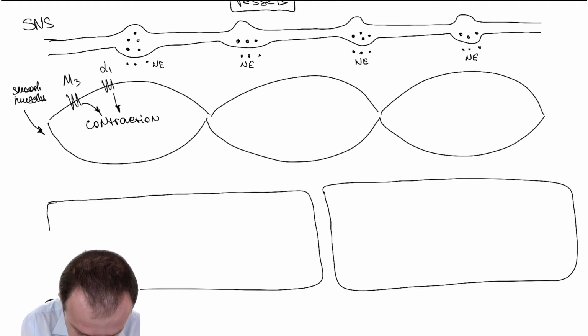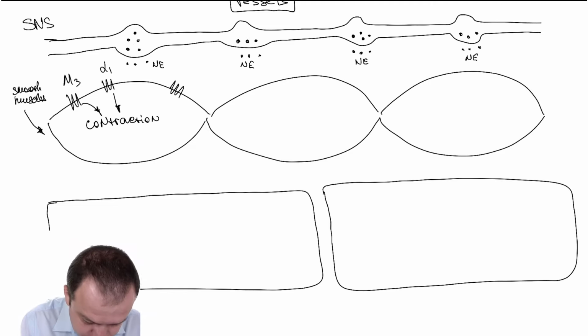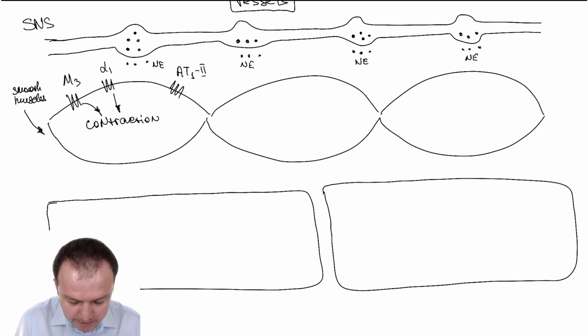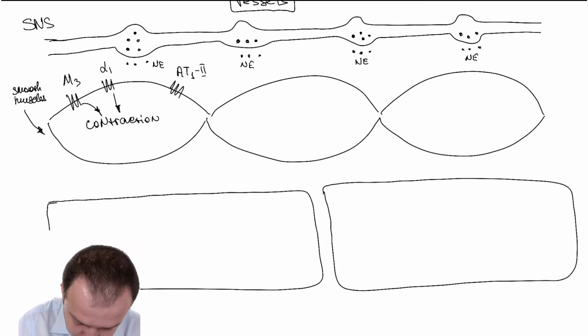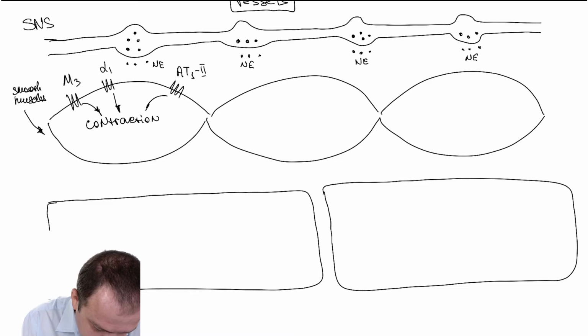Also, we just see that we have angiotensin 2, and angiotensin 2 causes vasoconstriction. So we have AT type 1 receptors for angiotensin 2. Also, we have hormone that called vasopressin, right?